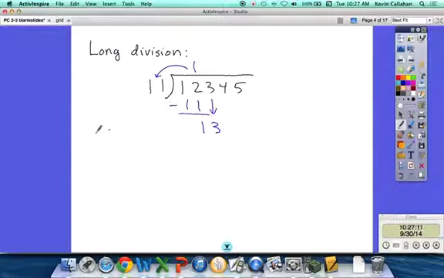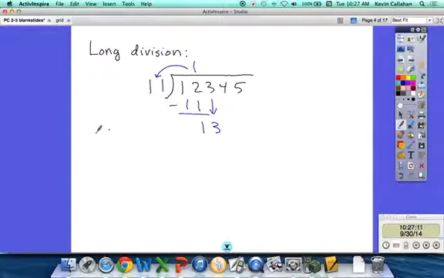Repeat. 2 times negative 7, and put the result there. So 2 times negative 7 is negative 14. Add, you get positive 2, right? Repeat.